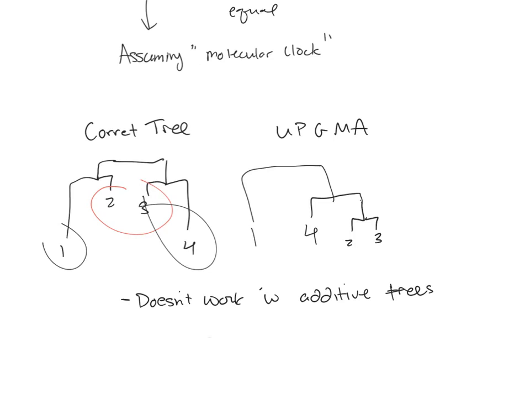But if you do this algorithm and you happen to have an additive tree, you're going to probably get the wrong answer. So that's the thing. But what's good about this algorithm is it's really fast. And oh, by the way, this phenomena here, where shorter branches go together and longer branches go together, it's called long branch attraction. This is long branch attraction.